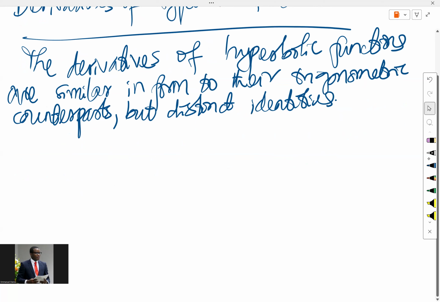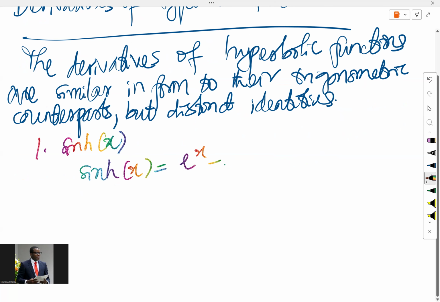Sure, as derivatives go, let's start with sinh x. Normally, we know sinh x is the same thing as e raised power x minus e raised power minus x, divided by 2.